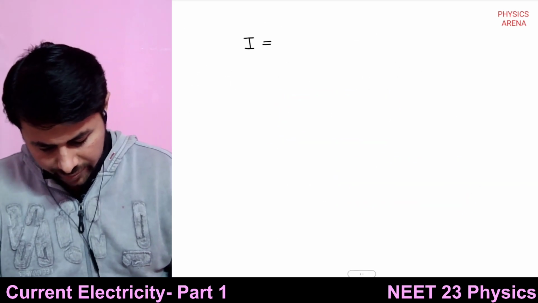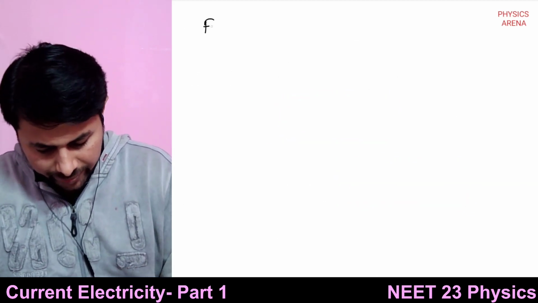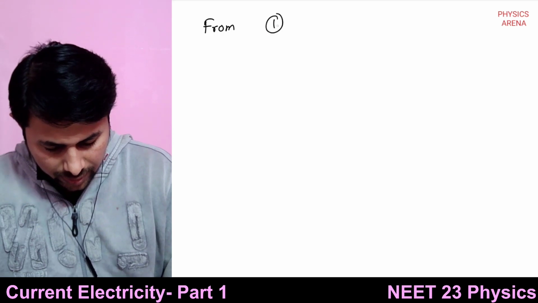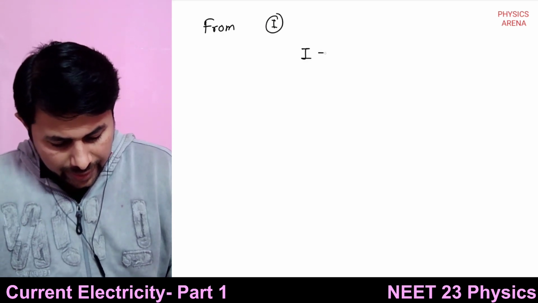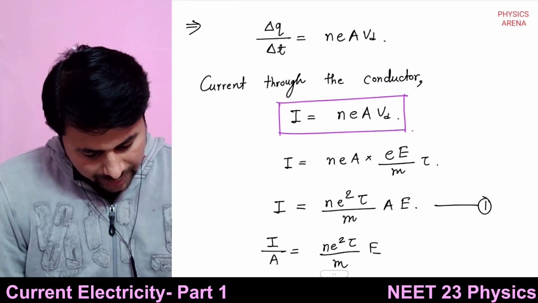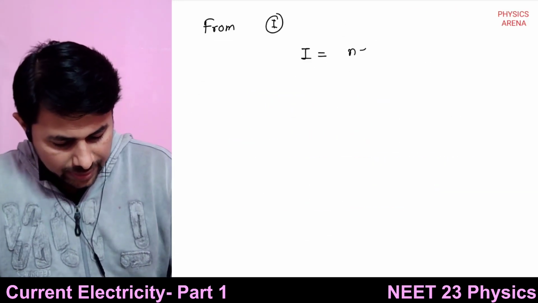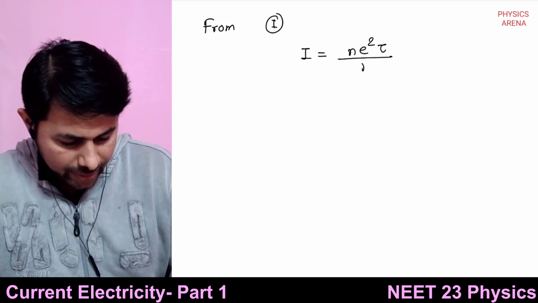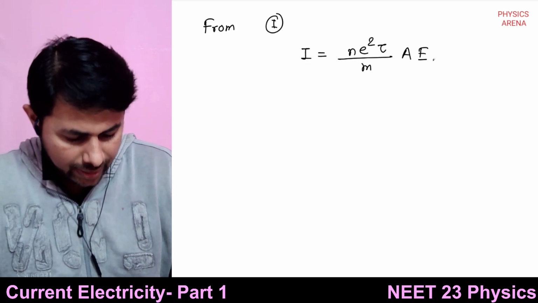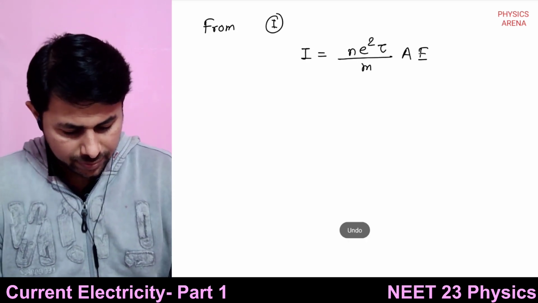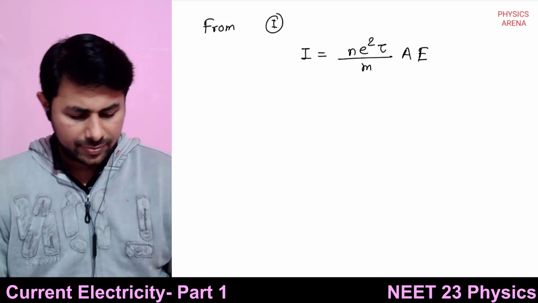So this is from 1, I is equal to n e square tau upon m A E. And what is E?